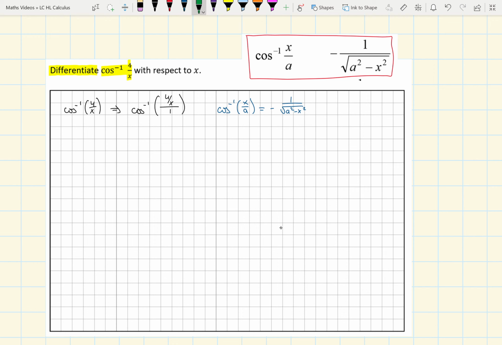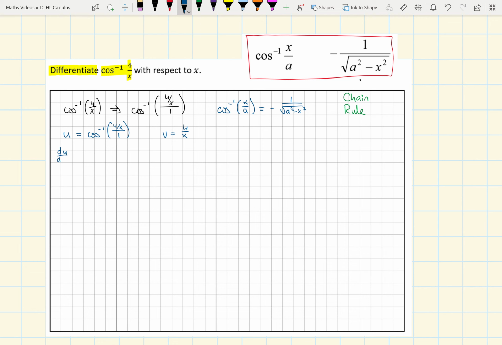And then I'm also going to have to use chain rule. Okay, so for my chain rule, I'm going to deal with my outside function first, and then our inside function, which is my 4 over x.